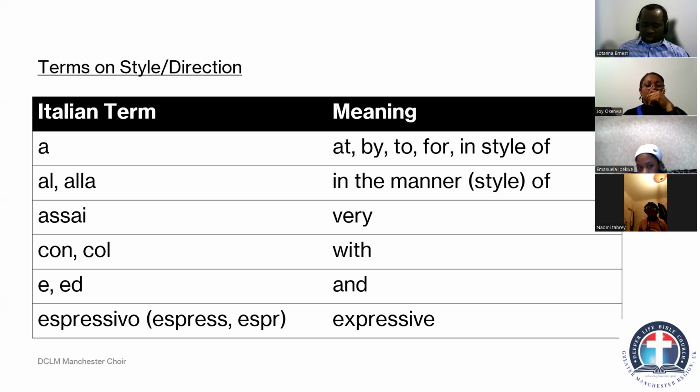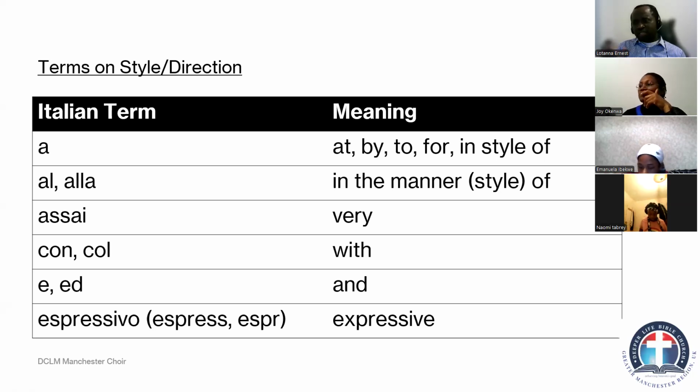For example, anywhere you see a, that means at, by, to, for, in style, in the manner of, or similar to. If you see, for example, marcia, it means in the style of a march, because marcia is march.